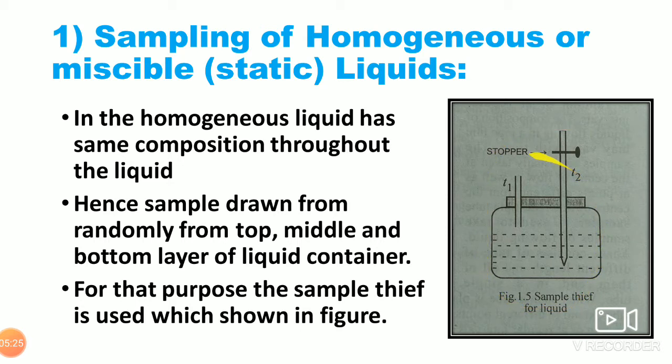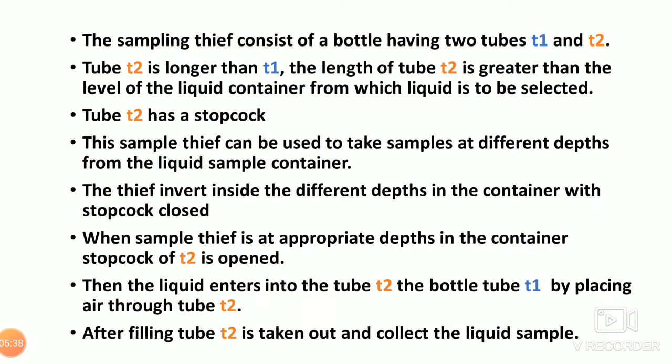Now we will see the actual procedure of how to sample a homogeneous miscible static liquid. The sampling tube consists of a bottle having two tubes, T1 and T2.